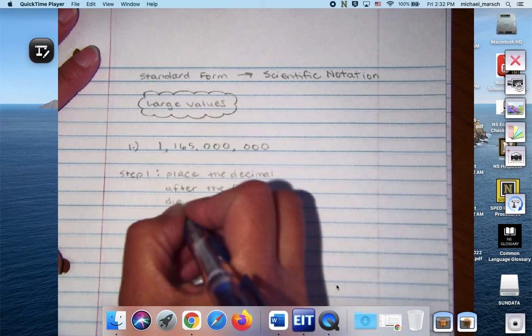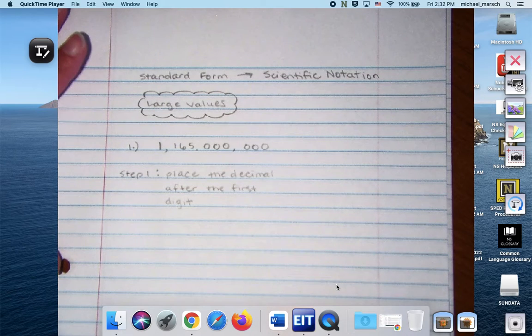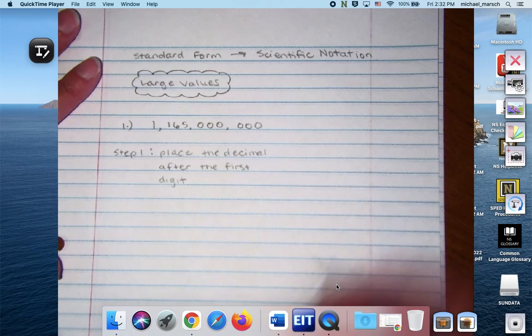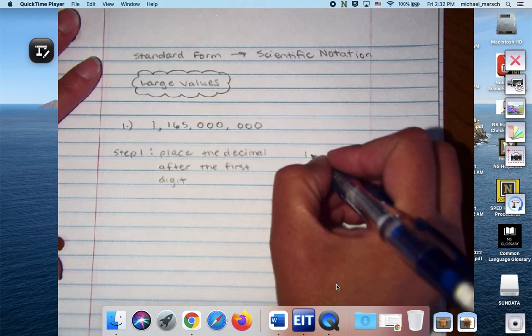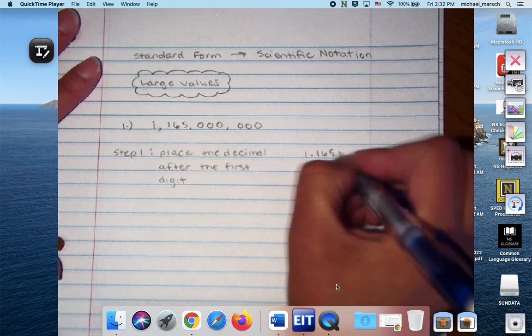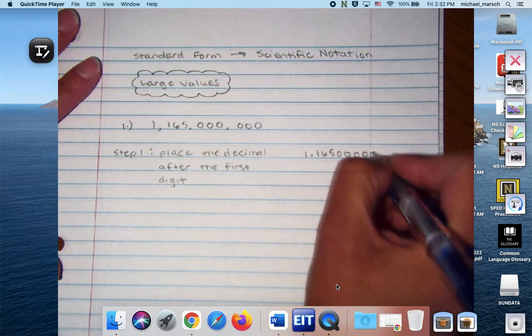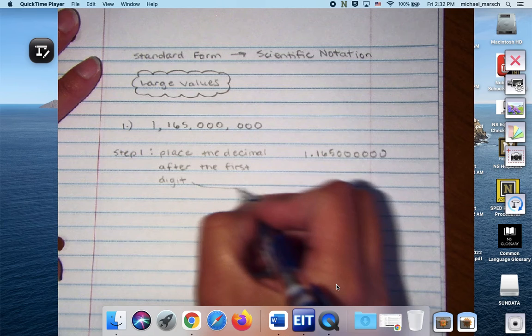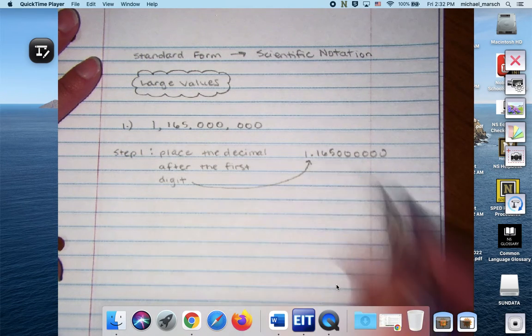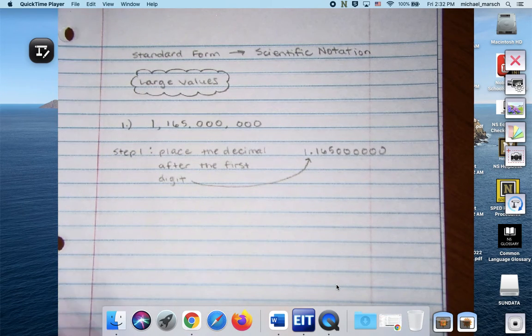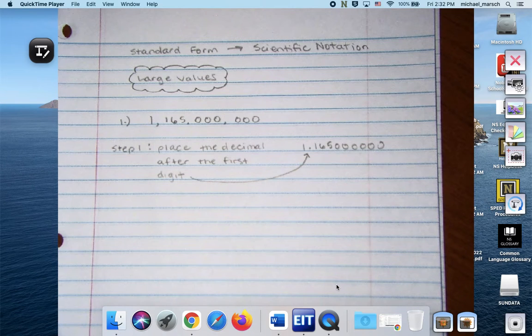That's fine. So you're going to place the decimal after the first digit because we're putting it into scientific notation. So you can only have one digit in front of the decimal.